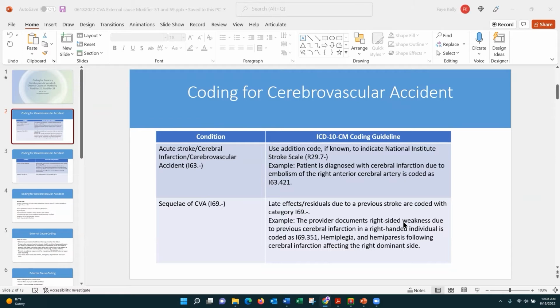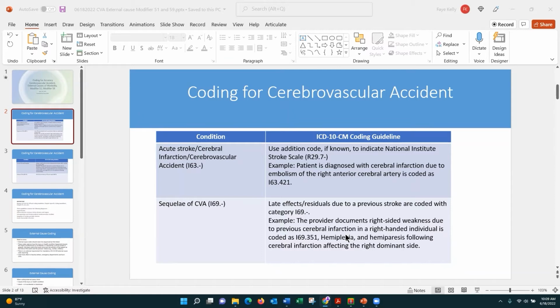So there again, that provider, he may say previous cerebral infarction, usually it's history of, and that throws you off, because when you see history of, you may think to go to the category history of.